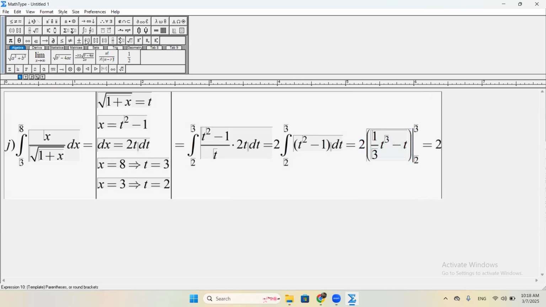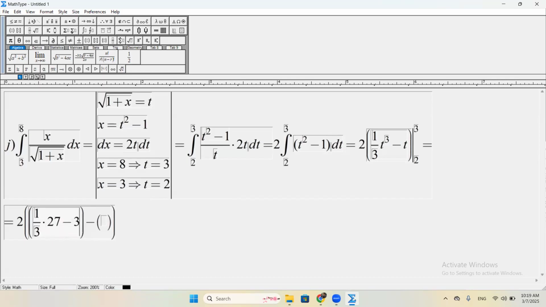Okay, let's move to the next line. So 1 over 3 multiplied by 27 minus 3, and 1 over 3 multiplied by 8 minus 2.